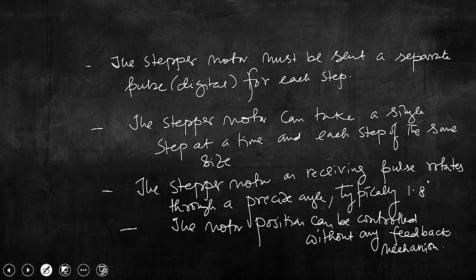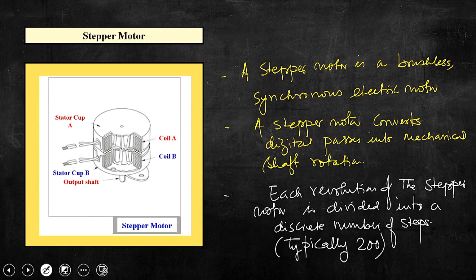Now if we go back to the previous slide, this is the hardware: we have the stator, coil B, coil A, and the output shaft.